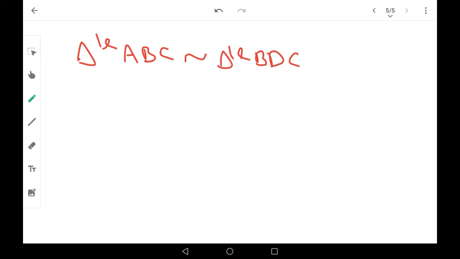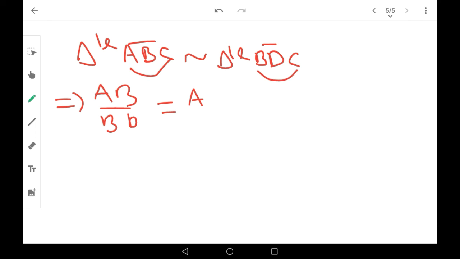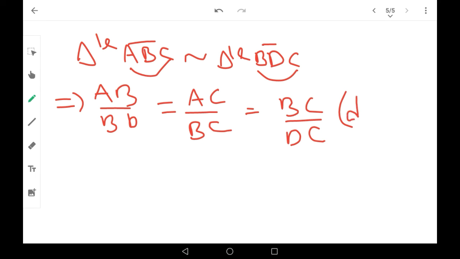So AB by BD is equal to AC by BC is equal to BC by DC. This I have written using the definition of similarity.